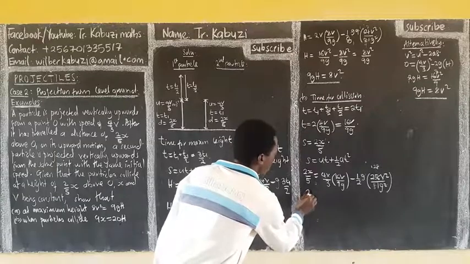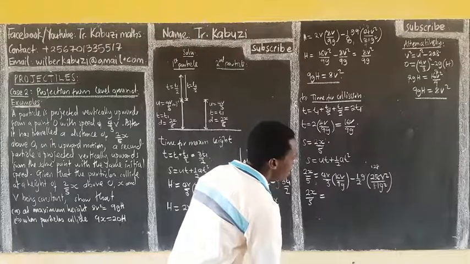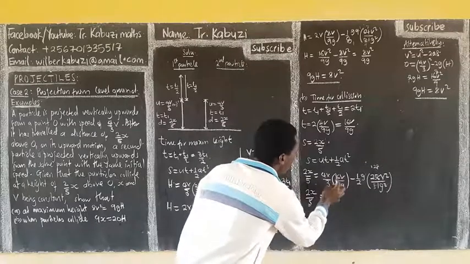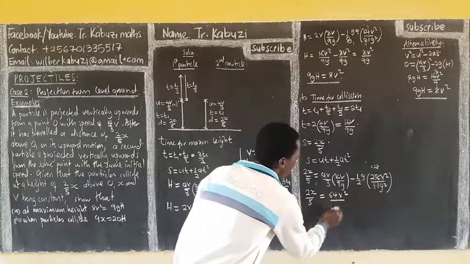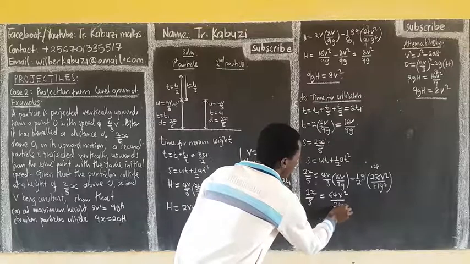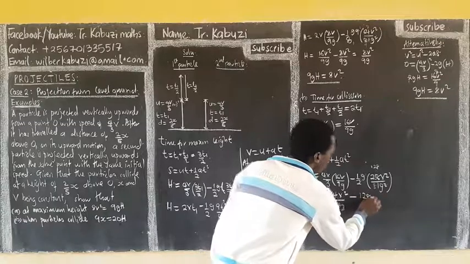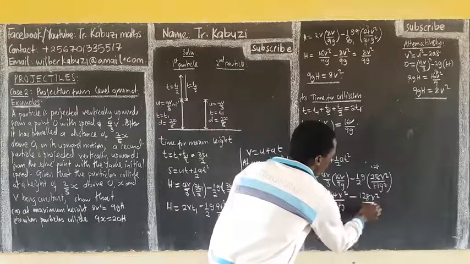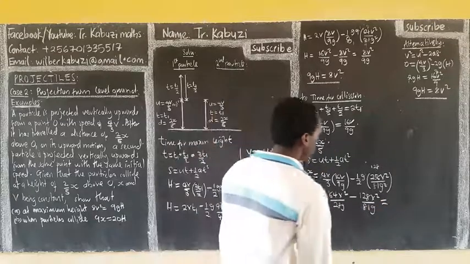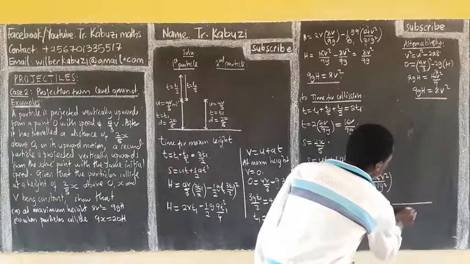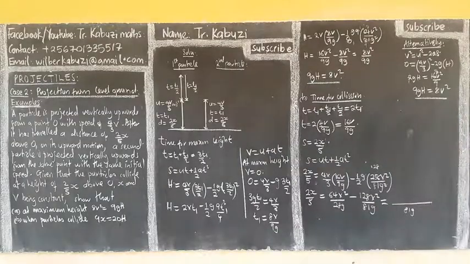So now my 2x over 5 is going to be 16 times this, so we have 64 b squared over 27 g, then minus 128 b squared over 81 b. When you get the LCM, that LCM is going to be 81 b.